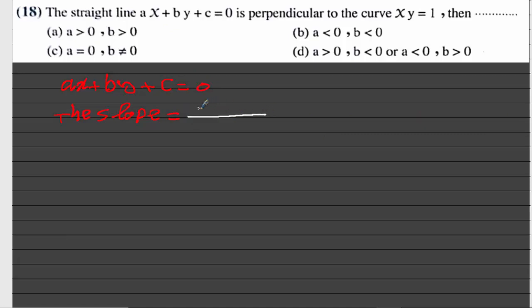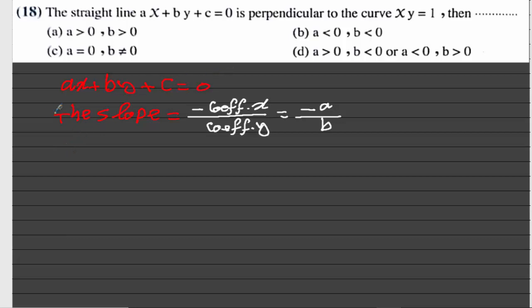In general, negative coefficient of x over coefficient of y. So we write negative a over b, or you can calculate it by differentiation.